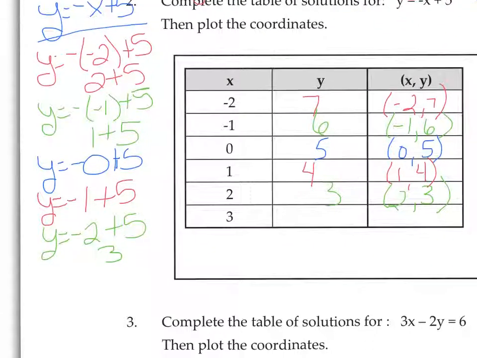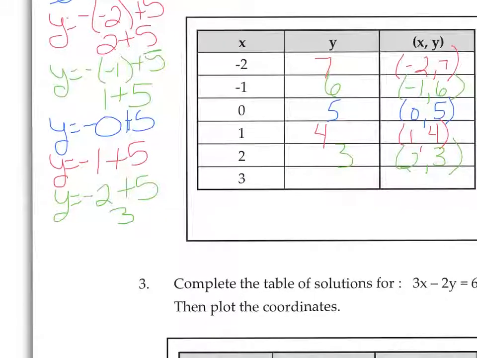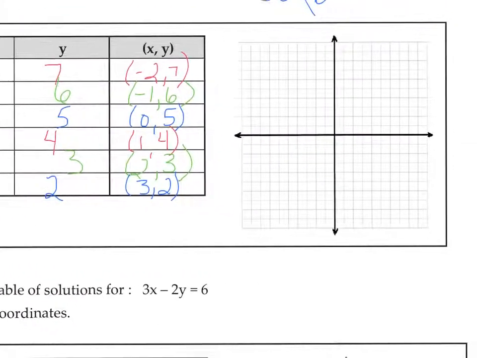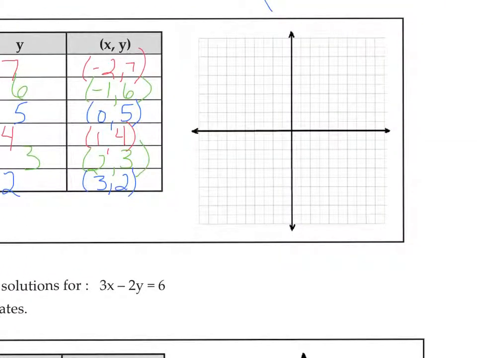And one more. y equals negative x, negative 3 plus 5 makes 2. So here's our ordered pair, (3, 2). If we've done everything correctly, when we plot them on the graph, they will line up in a straight line.